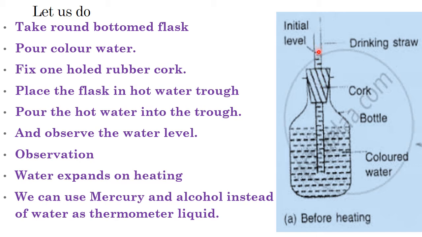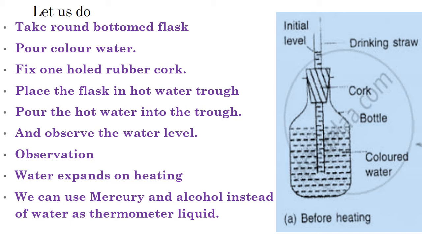And just observe the level of the water. What is this? The colored water, isn't it? So we have to take this flask, pour the colored water, fix the one hole rubber cork, and it is immersed in a water trough, a hot water trough.